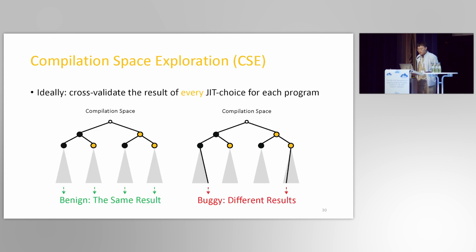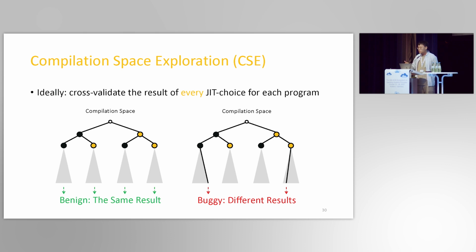Ideally, we'd like to explore the whole space and cross-validate every JIT choice for each program. Ideally, they should consistently return the same results, right? So if any two of them produce different results, the JIT compiler should be buggy.